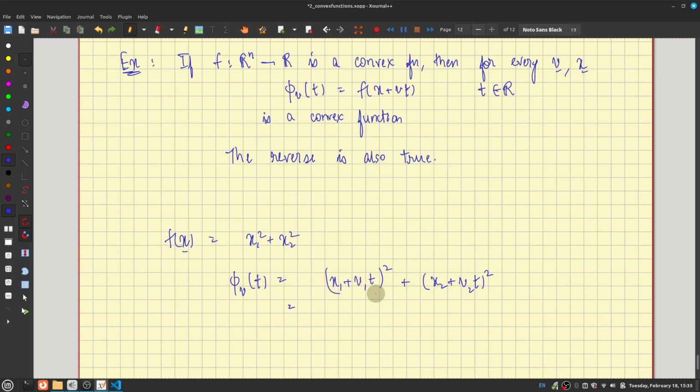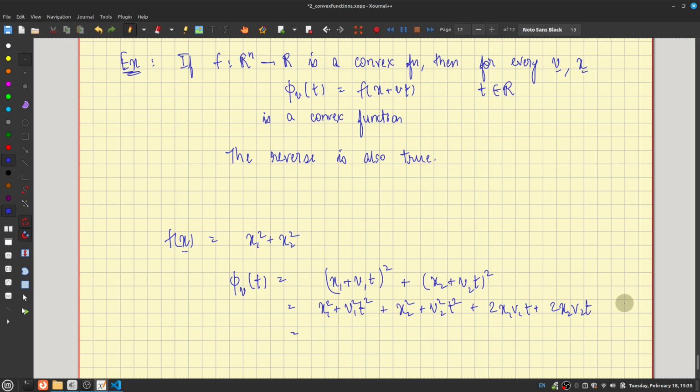If you expand this out, you get x1 square plus v1 square t square plus x2 square plus v2 square t square plus 2 x1 v1 t plus 2 x2 v2 t.